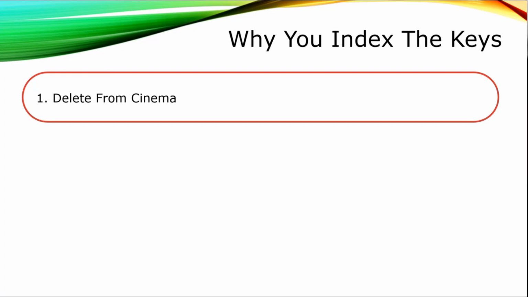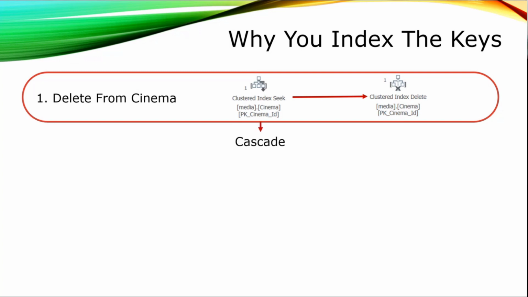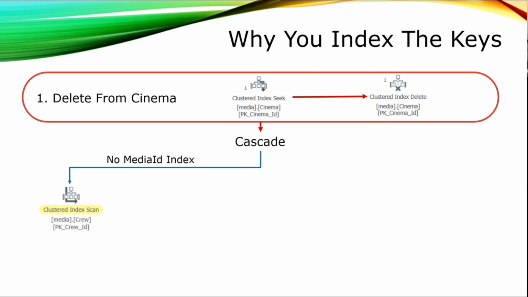I have my movie table. I'm going to go ahead, find my record. Let's get rid of that Fantastic Four movie. Hit that clustered index, delete the record, done. End of discussion. Then we have that cascade, that tricky cascade. And all of a sudden we have to go back and look at our crew table.